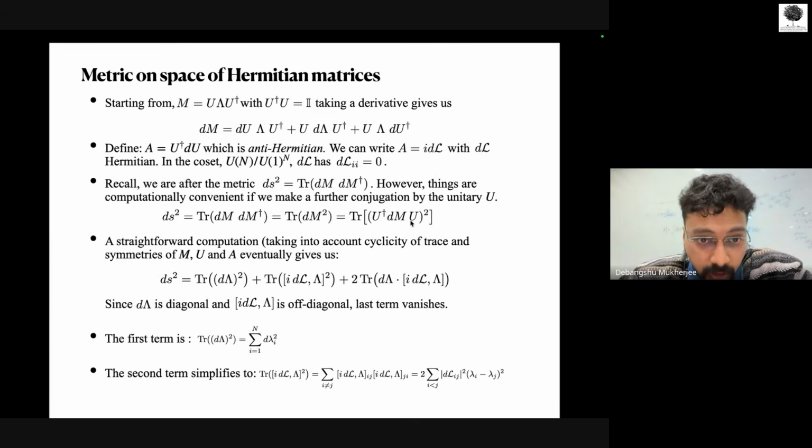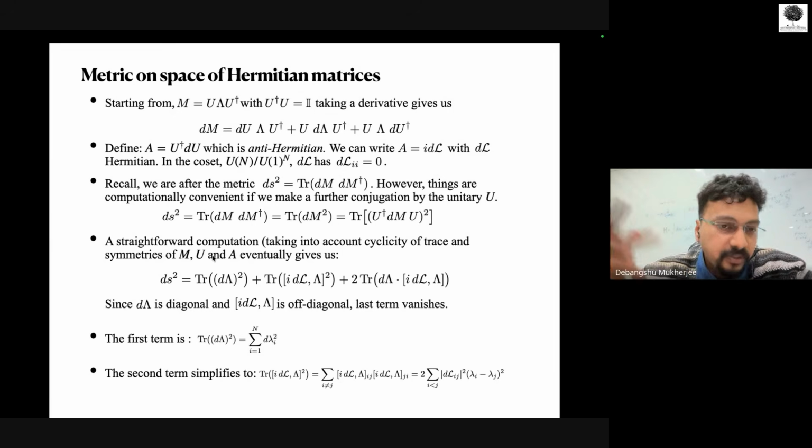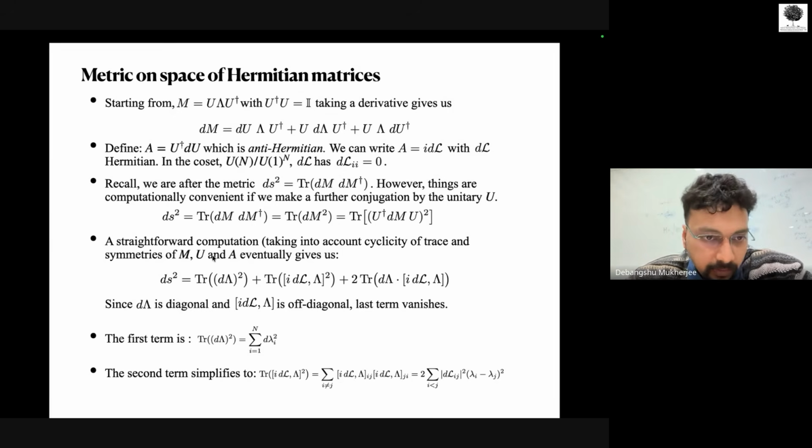However, if you go via this path, things are computationally easier. It is a very straightforward computation where all you need is cyclicity of trace and the symmetries of M and A. By symmetries, I simply mean whether these matrices are Hermitian or unitary. So you're simply going to use things like M dagger equal to M, U dagger U equal to identity, and A dagger equal to minus A. Once you do that, the final expression that you obtain is here.